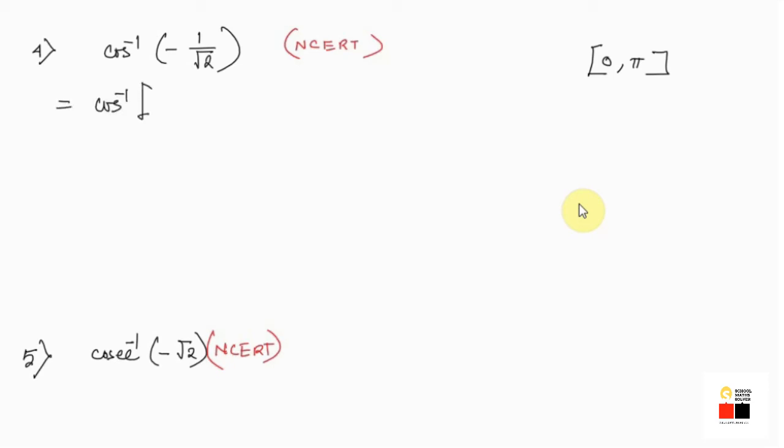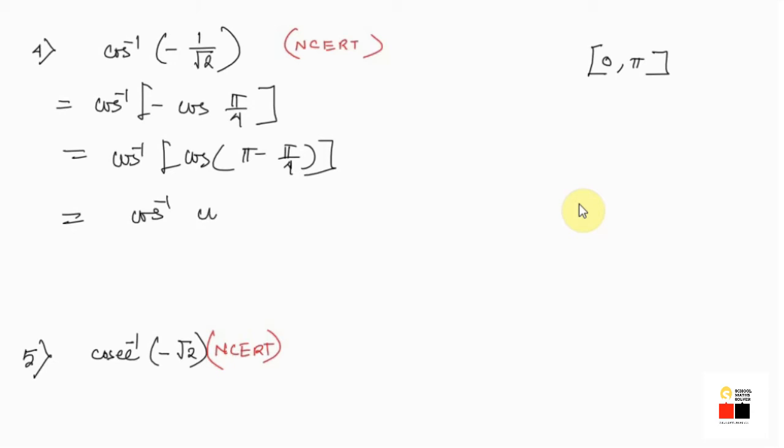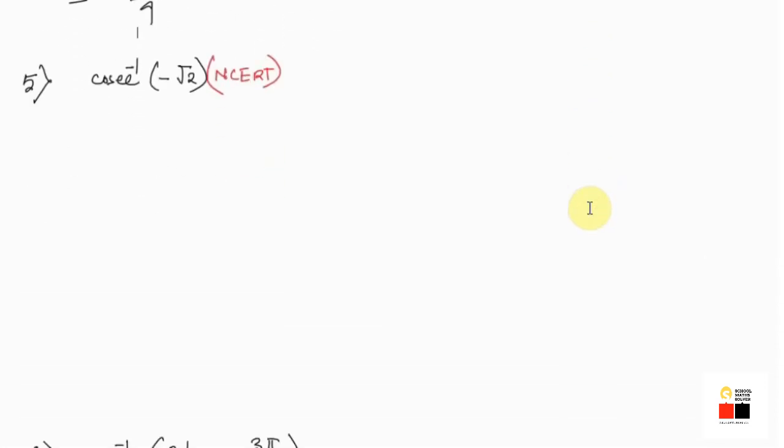Cos inverse of minus 1 by root 2 means cos inverse of minus cos pi by 4, equals cos inverse cos of pi minus pi by 4, which is cos inverse cos 3 pi by 4, that is 3 pi by 4. This will be the answer. Next problem is cosec inverse minus root 2.